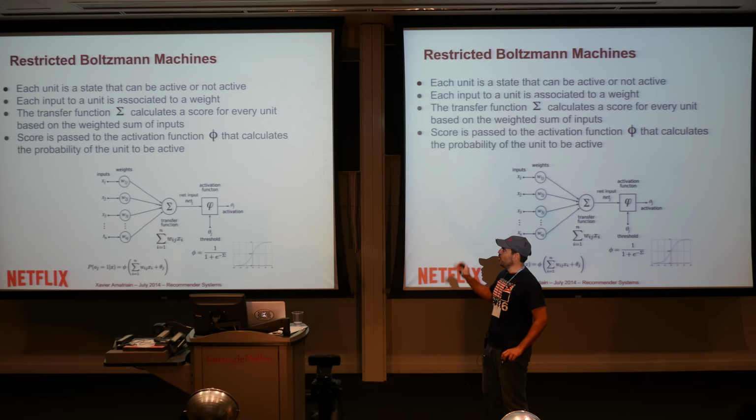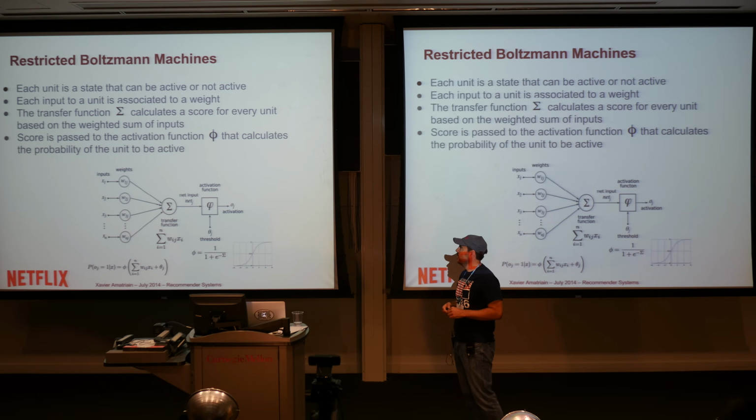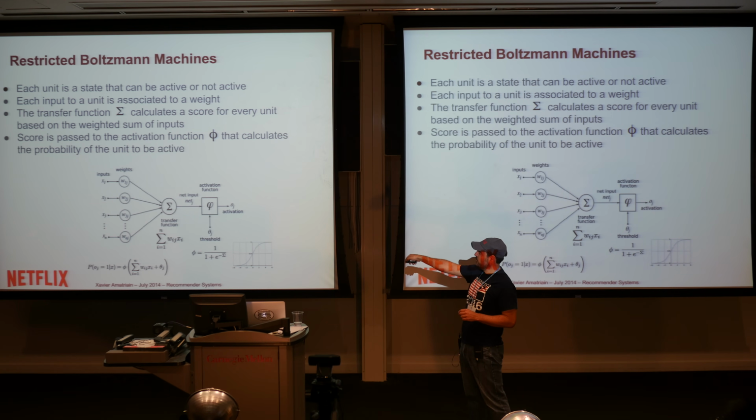So basically, a unit of a restricted Boltzmann machine, this is what it looks like, right? As in any neural network, it's basically a unit that can be active or not active. And each input that you have to decide whether that unit is active or not is associated to a weight, right?